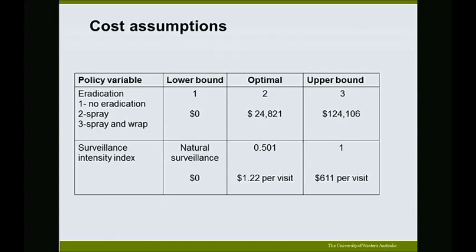And then the surveillance intensity index was about the number of times that you go back to the houses to check the traps, and it actually had a very moderate level of surveillance, suggesting that with this pest, natural surveillance pretty well might be enough. The actual full surveillance that was used by WA was about $611 per visit by the time you'd taken into account the cost of travel, the cost of the traps, etc.